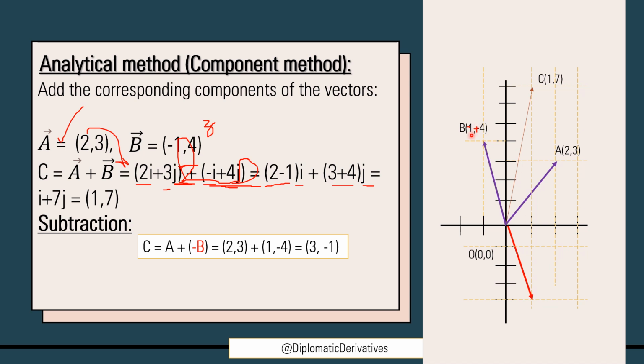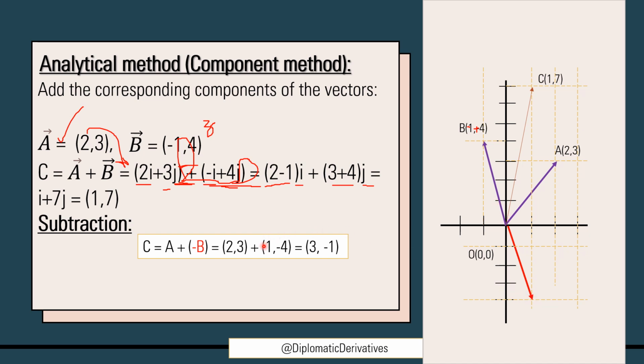So first it was minus 1 and 4, now it becomes 1 and minus 4. These values are going to change. Now your vector goes in the opposite direction: 1 on the x-axis and minus 4 on the y-axis.